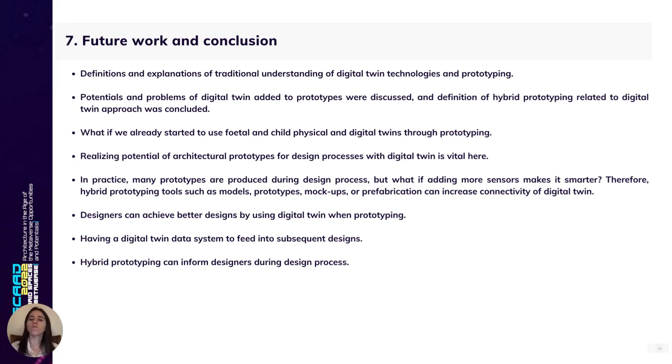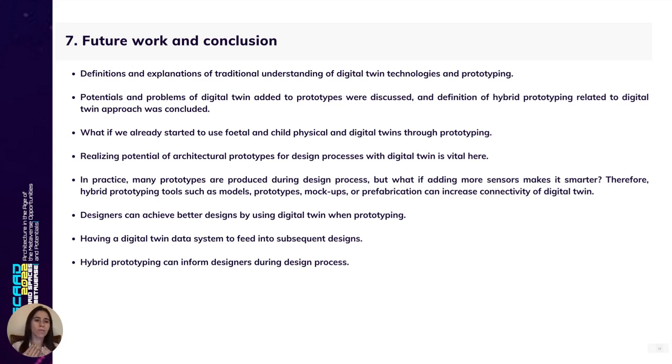Realizing the potential of architectural prototypes for design processes with digital twin is vital here. In practice, many prototypes are produced during the design process, but what if we add more sensors to make them smarter? Therefore, hybrid prototyping tools such as models, prototypes, mock-ups, or prefabrication can increase the connectivity of digital twin.